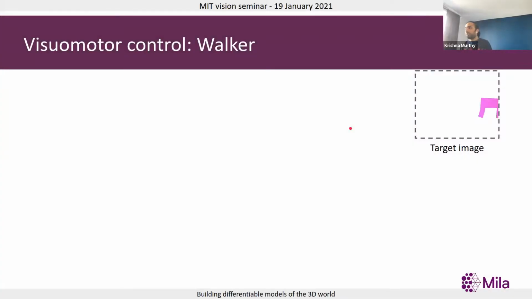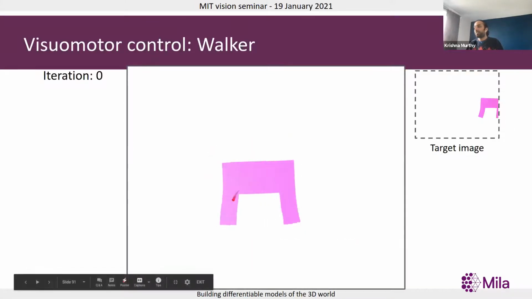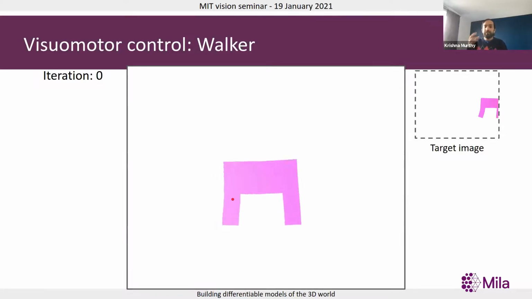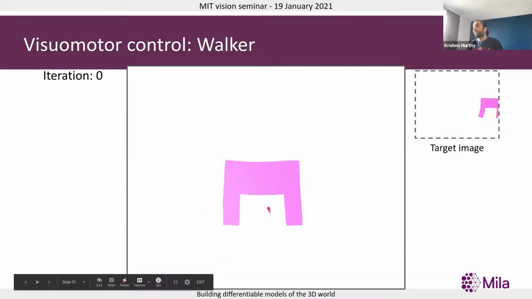As one other experiment, this is inspired by the DiffTaichi walker experiment. We have one target image of a walker, a table-like object. This one is in 2D, and just like the tetrahedrons, you can make it walk by expanding and contracting triangles. GradSim has a 2-layer neural net that initially produces random activation, so you can see it's not doing anything fun.